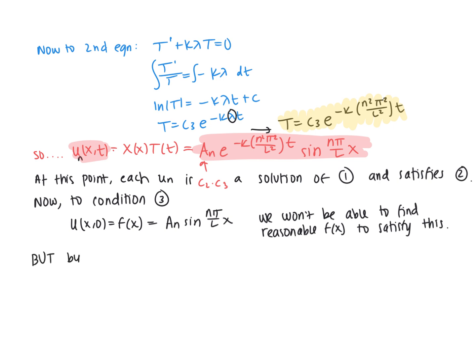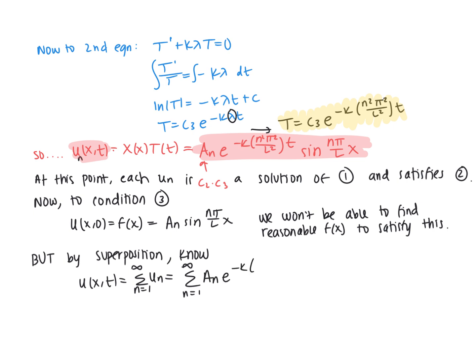But by superposition, we know that u(x,t), which is what we're looking for, is the sum from n equals 1 to infinity of u_n, which is the sum from n equals 1 to infinity of that a_n e to the negative k n squared pi squared over L squared t, sine of n pi over L x.